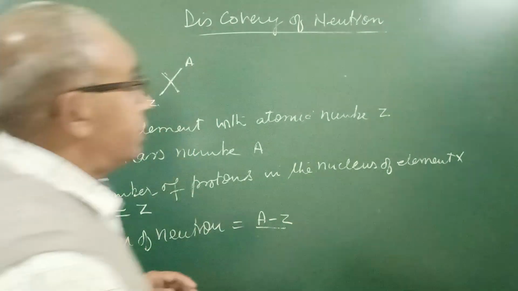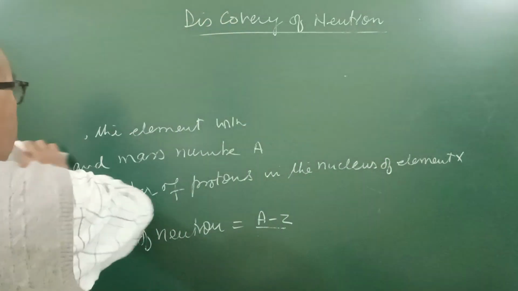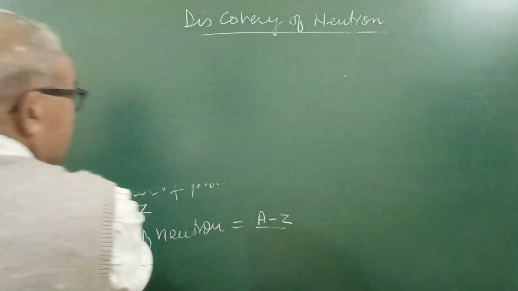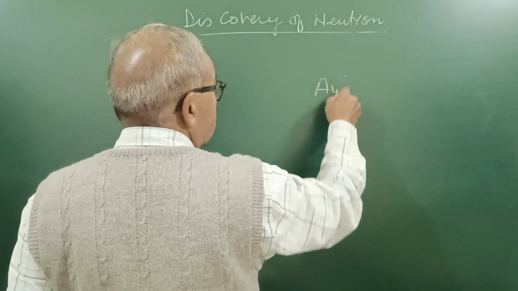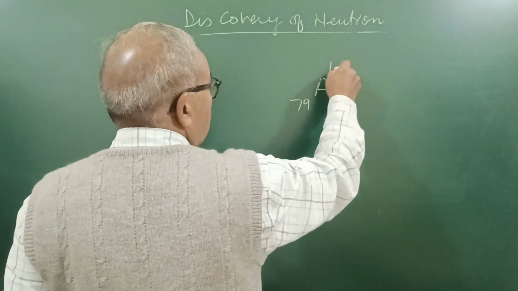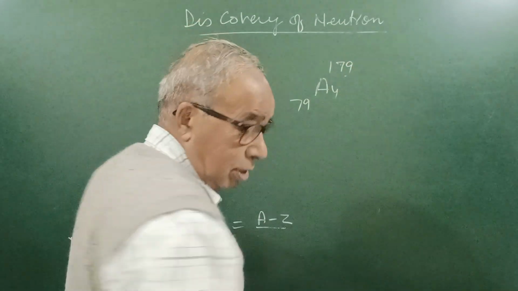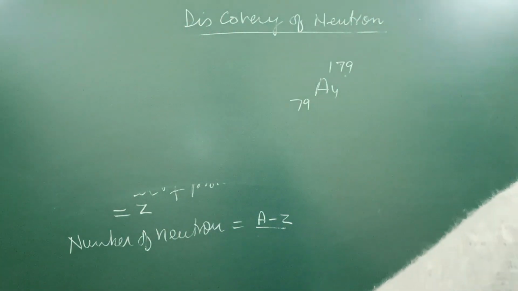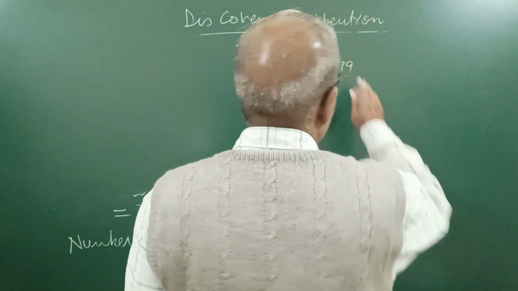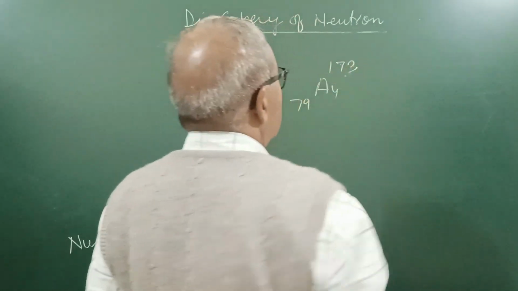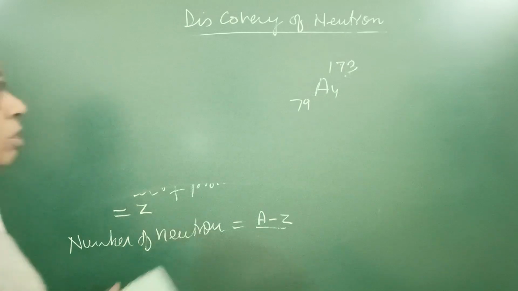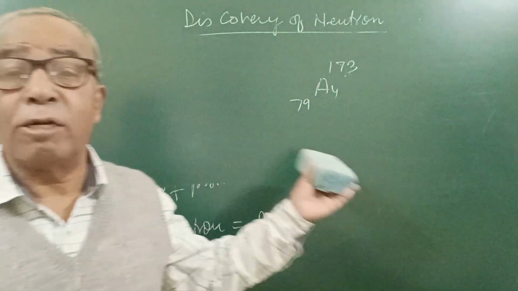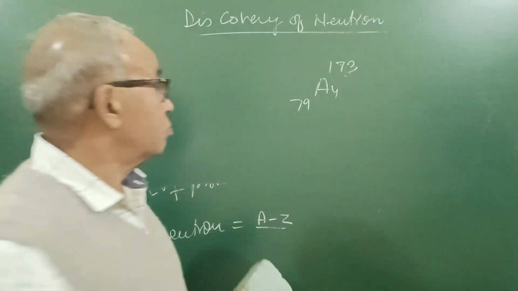For example, just like I told you, gold AU 79, 173. Please start learning the atom number and mass number.